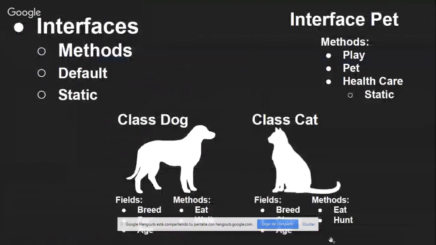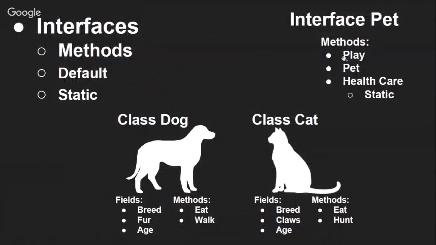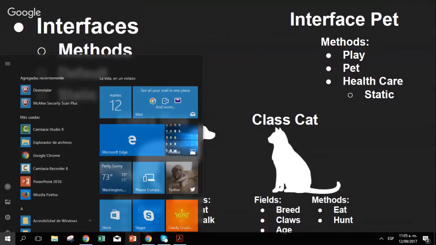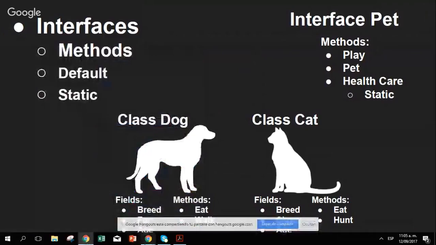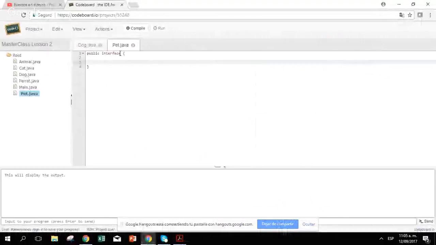As we saw in the presentation, we are going to implement the methods play and pet. And as we said, these are empty methods that are declared in this interface because we are only specifying the behavior. So we are going to create play and pet. Both of them we are going to create public.